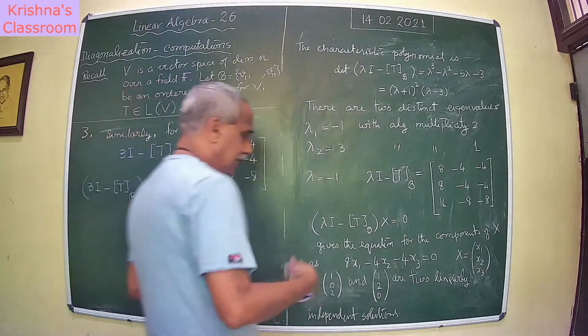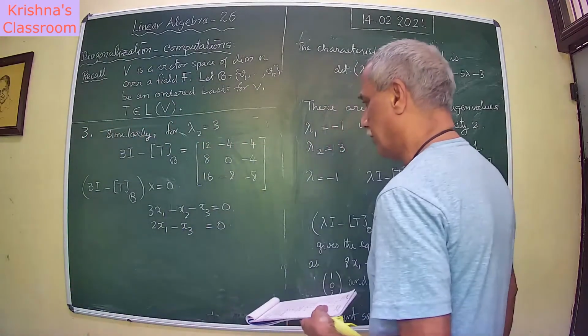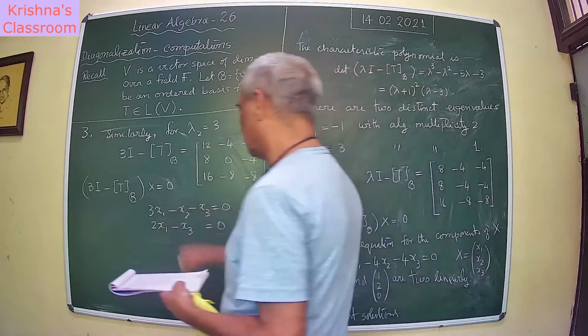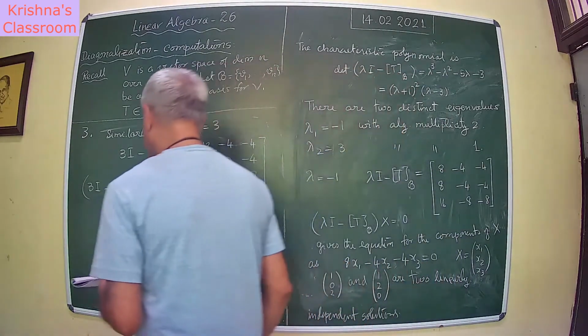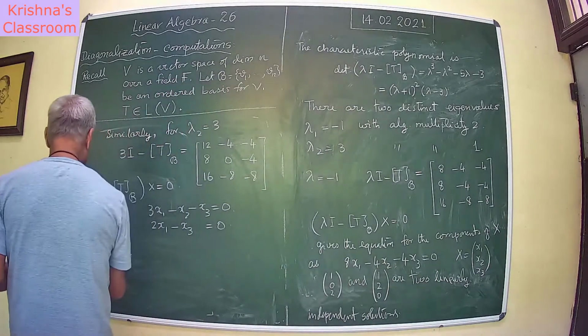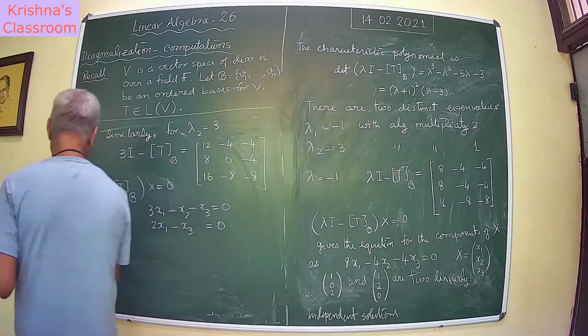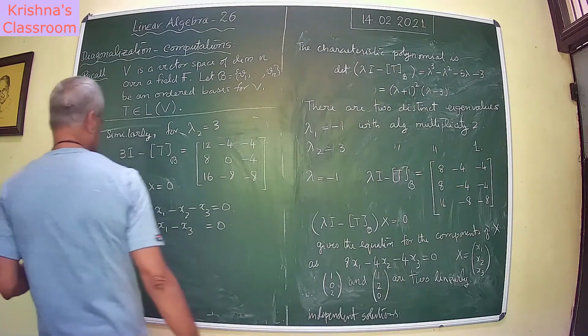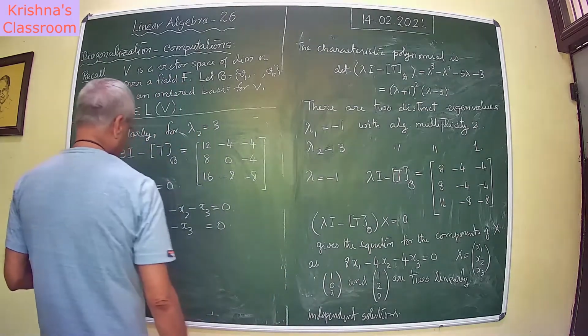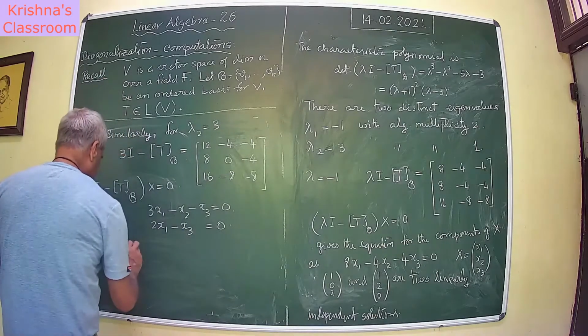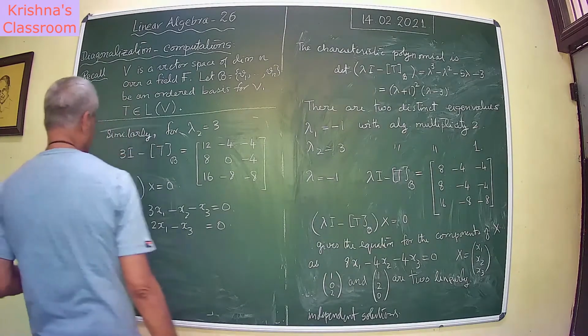Of course, one arbitrariness is there. One of the variables we can choose arbitrarily, the others we can determine automatically. So, we set x1 equal to 1. Then you get x2 equal to 3 and x3 equal to 2.